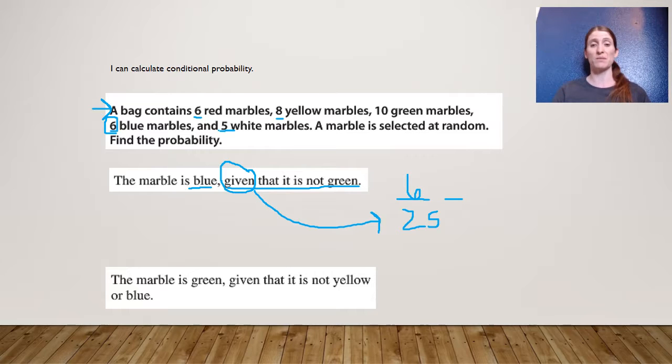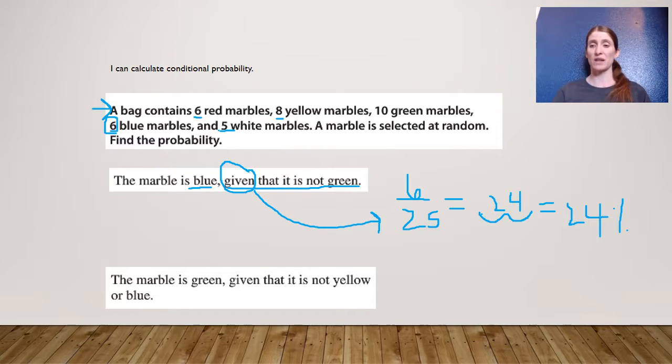Now, just like I did before, I'm going to divide and change it to a percent. So 6 divided by 25, that's 0.24. If I change it to a percent, then I get 24%. So my chances of that happening, given that I know they're not green, is 24%.